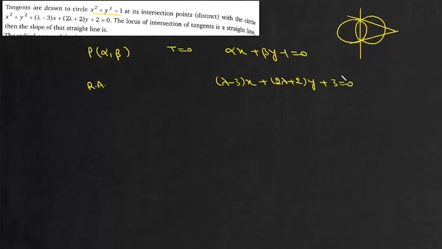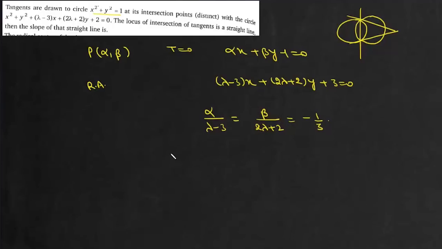Now both the equations represent the same line. So we get alpha upon lambda minus 3 equals beta upon 2 lambda plus 2, and this is equal to minus 1 by 3. Now we'll eliminate lambda here.